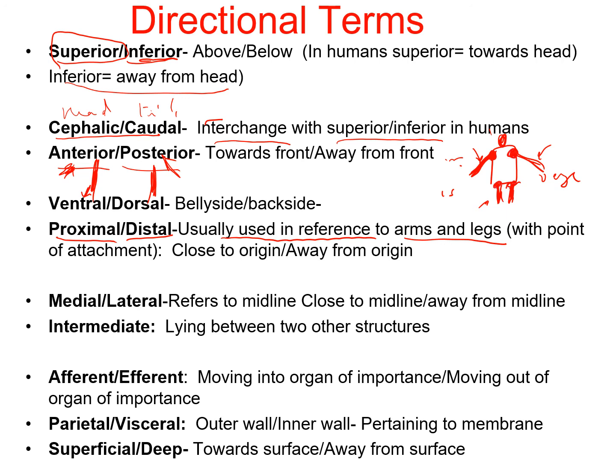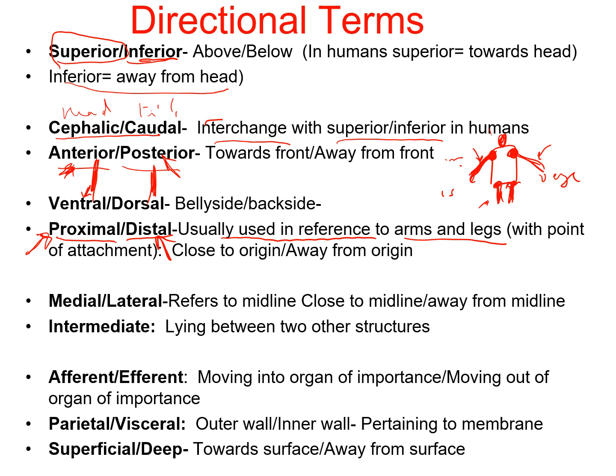Okay, so proximal means closer to the point of attachment. Proximity means the closeness of something. So proximal means closer to the point of attachment. Distal means distant, means farther away from the point of origin or attachment. Let's pick an example to understand.